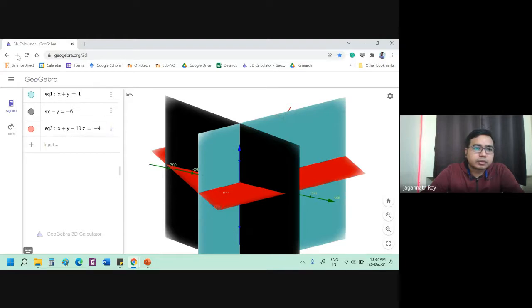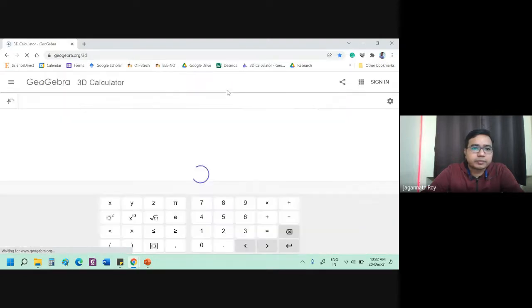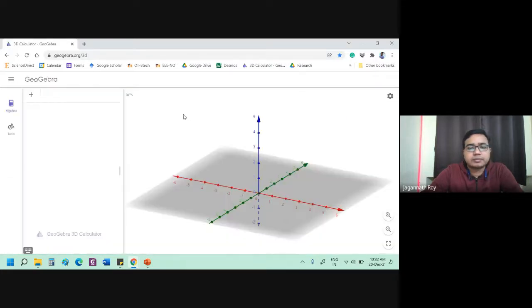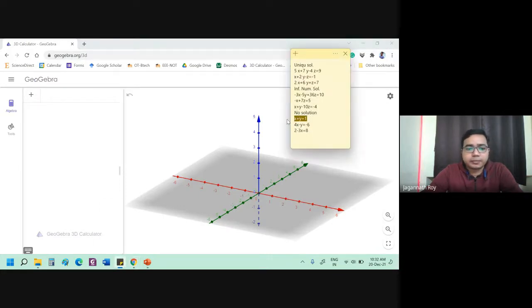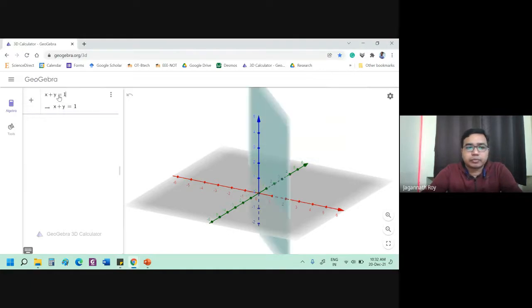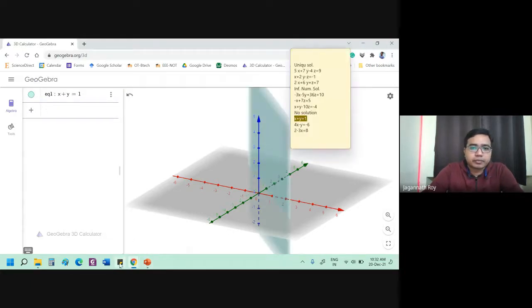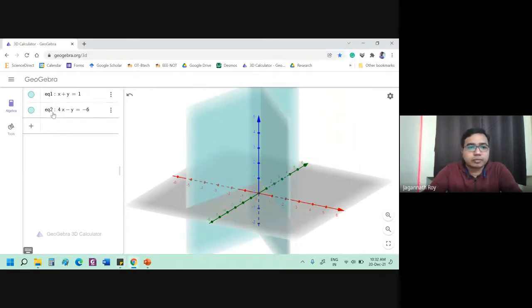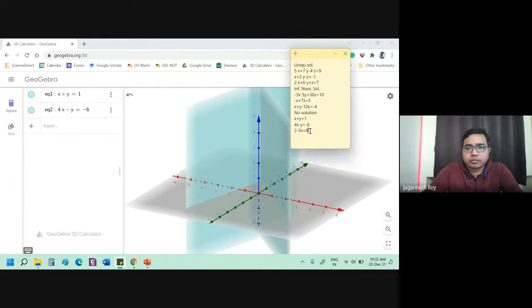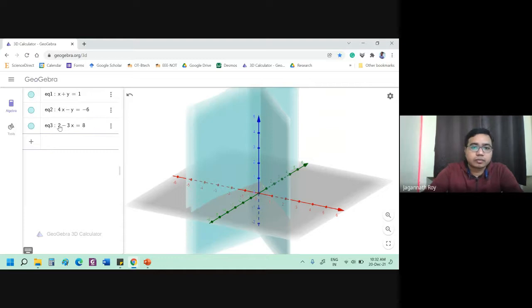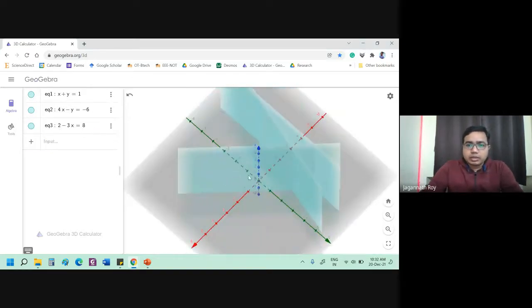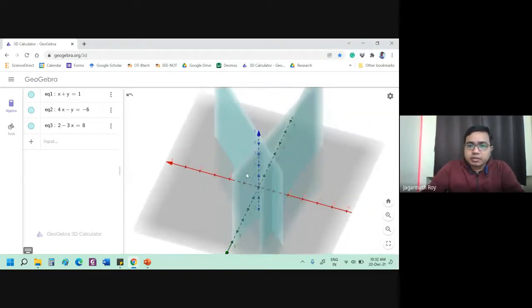Okay, somehow this is not working. Let me copy again. So you can see that there are three planes, but these are very transparent.